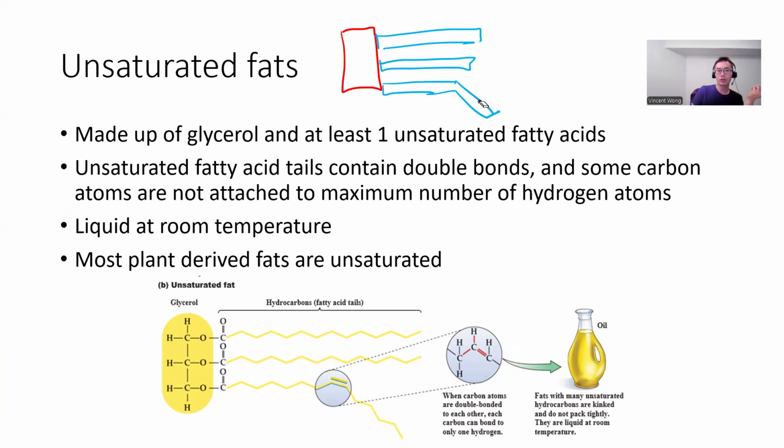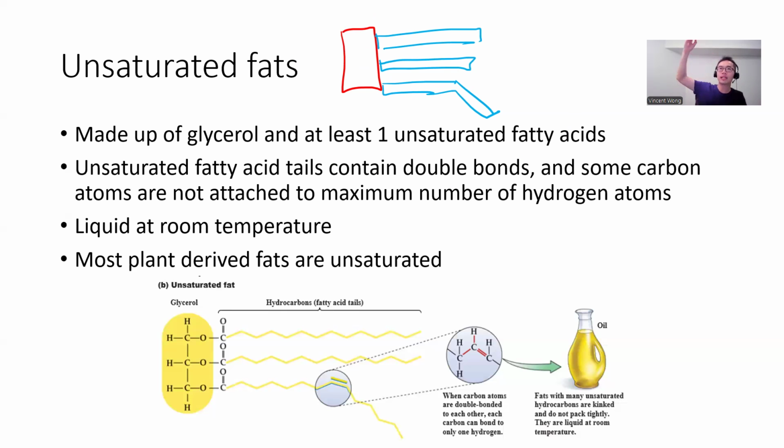In this case, I only drew 1 unsaturated fatty acid. Unsaturated fatty acid is different from saturated fatty acid because it has a bend in the structure. In order for the whole thing to be an unsaturated fat, one of the fatty acids needs to be unsaturated.